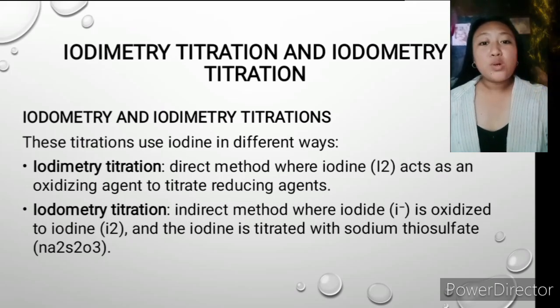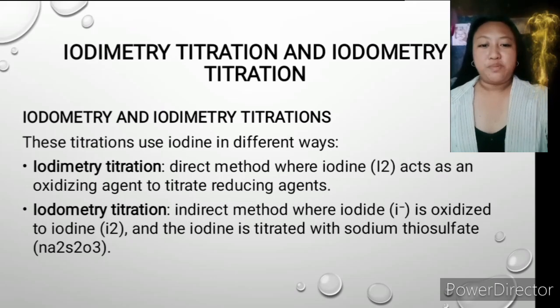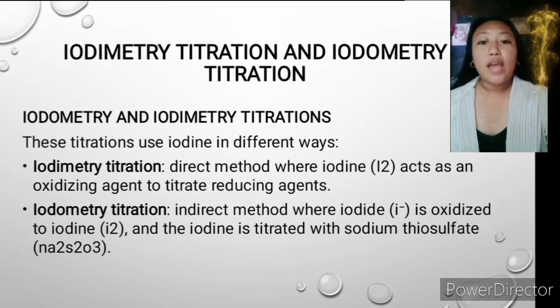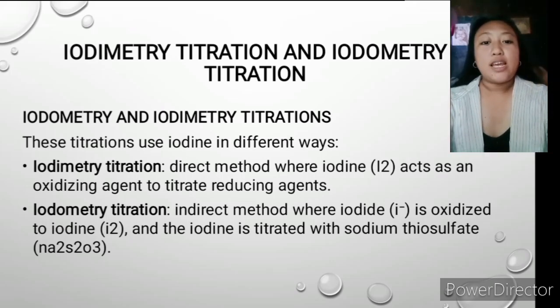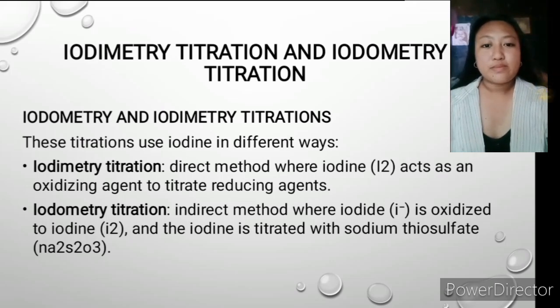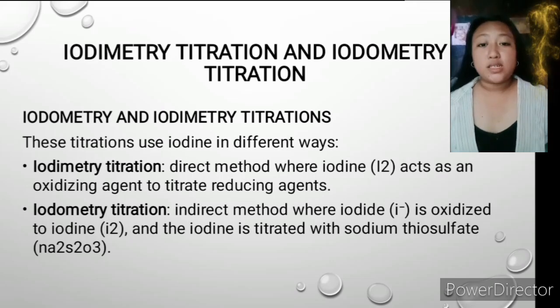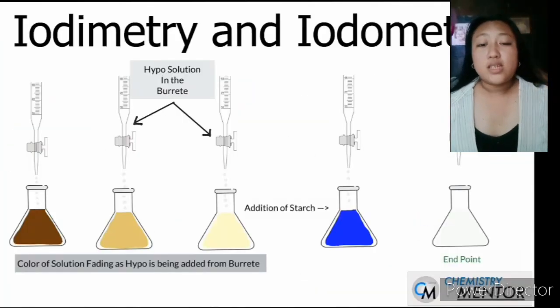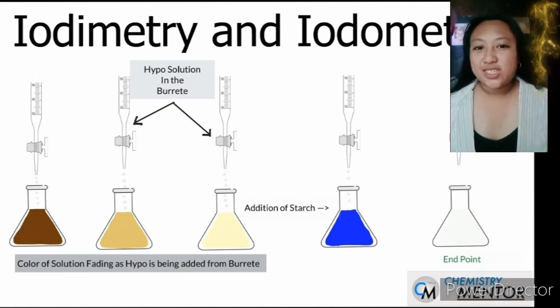Next is the iodometry titration. It is an indirect method where iodide is oxidized to iodine, and the iodine is titrated with sodium thiosulfate. So in this process, the iodometry titration, it will be inverse.